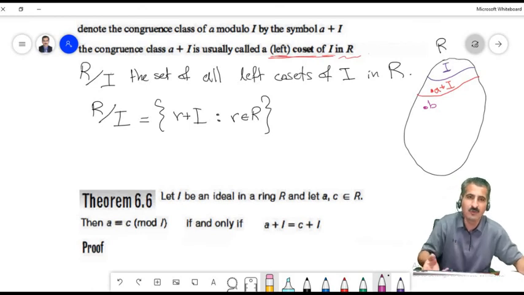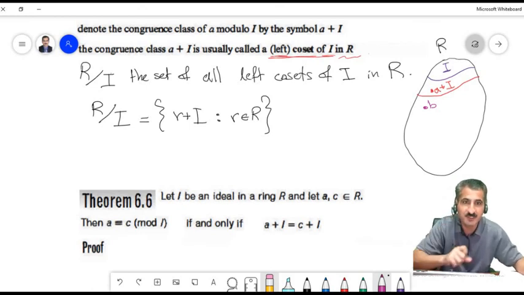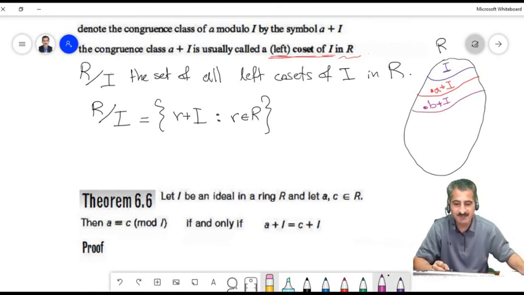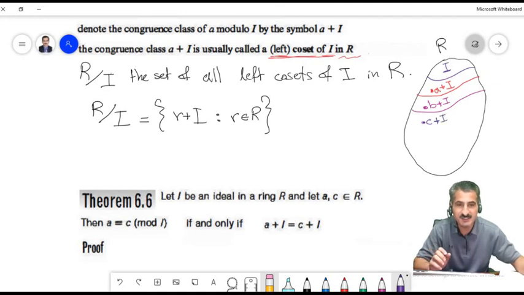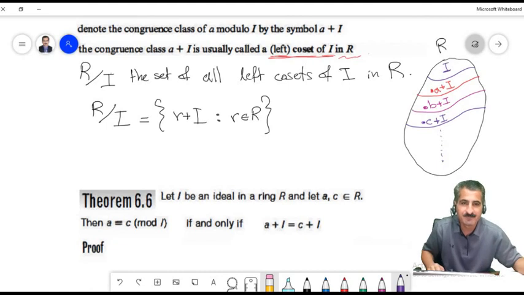Then call all the elements in the ring that are congruent to B. What you are doing here is making a coset of B. And we keep going. Choose another element C which does not belong to any of the above cosets, and take all elements in the ring that are congruent to C, that means the coset of C. And keep going, and you will find that the ring is partitioned as a union of disjoint cosets. And this is what I mean here.